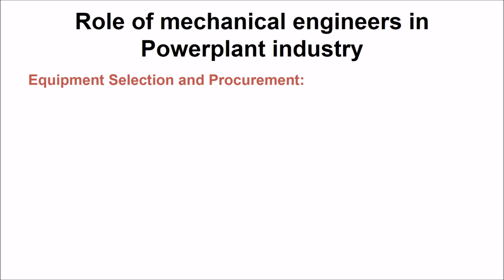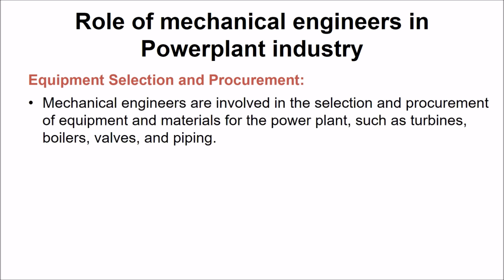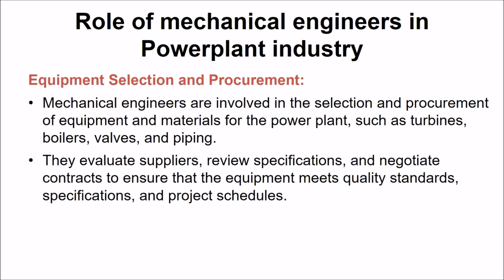Mechanical engineers are involved in the selection and procurement of equipment and materials for the power plant, such as turbines, boilers, valves, and piping. They evaluate suppliers, review specifications, and negotiate contracts to ensure that the equipment meets quality standards, specifications, and project schedules.